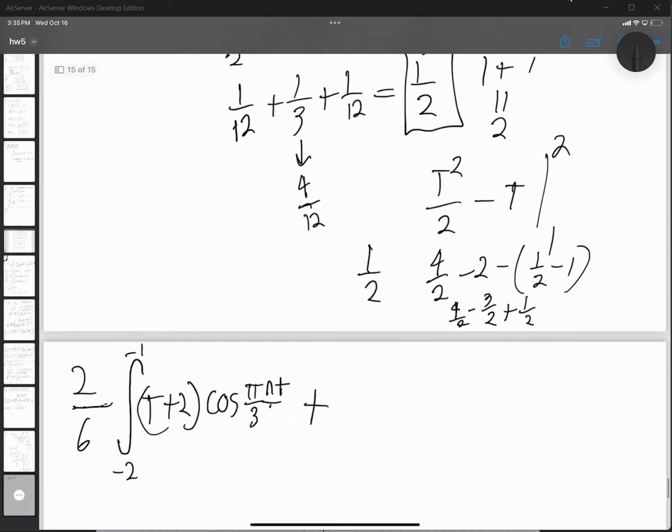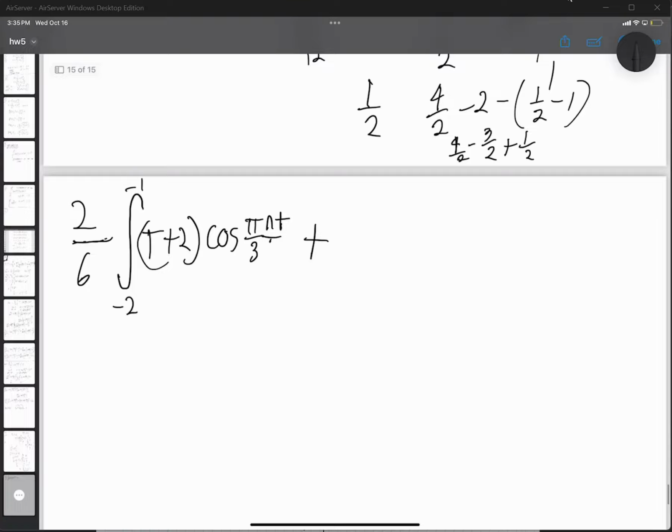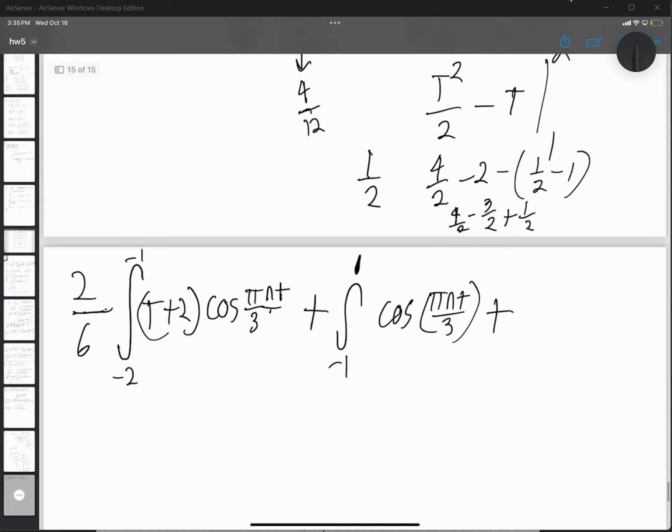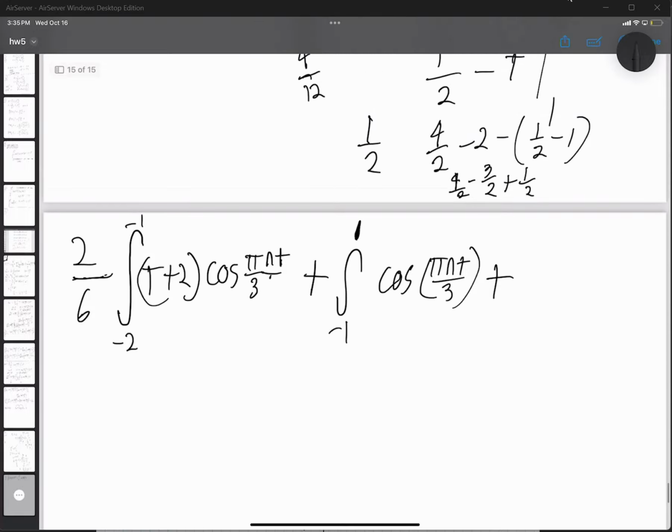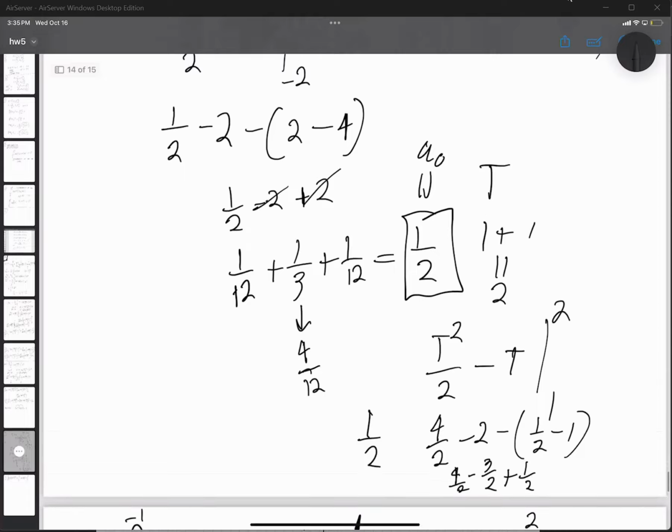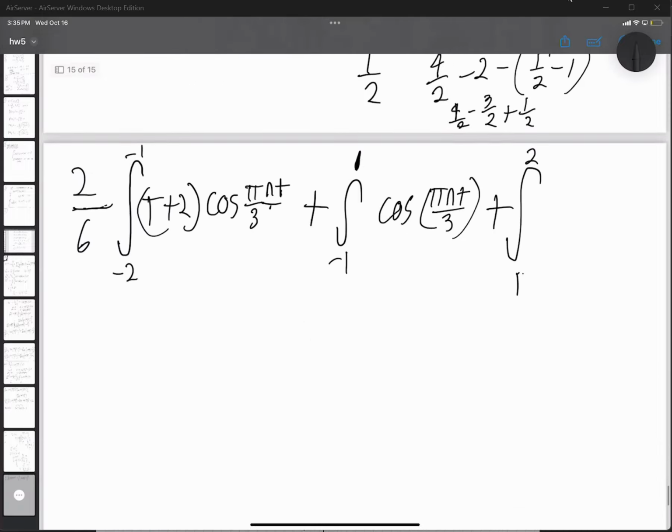This is actually brutal. Integral, come on now. Don't do this to me. From 1 to 2 of t minus 1.